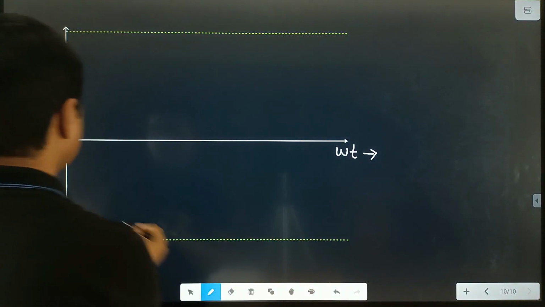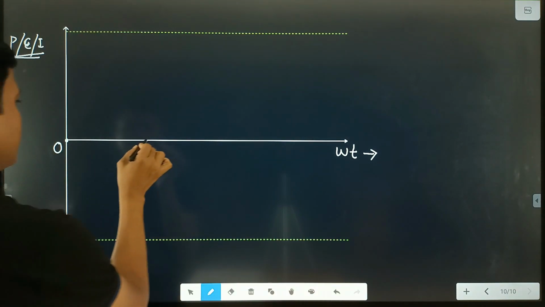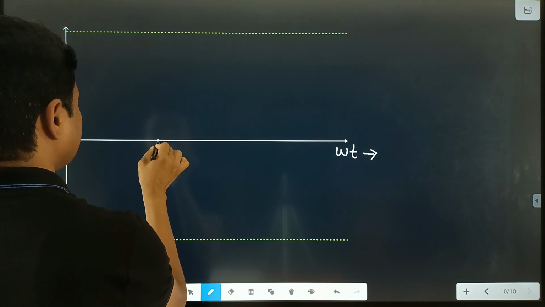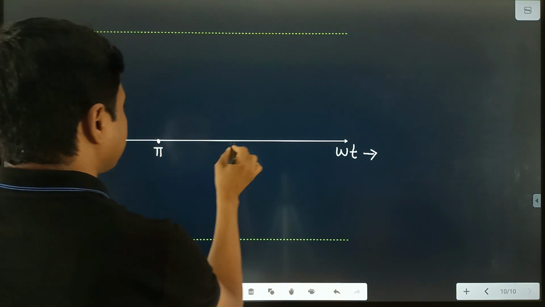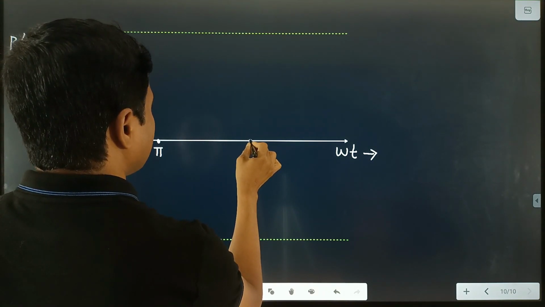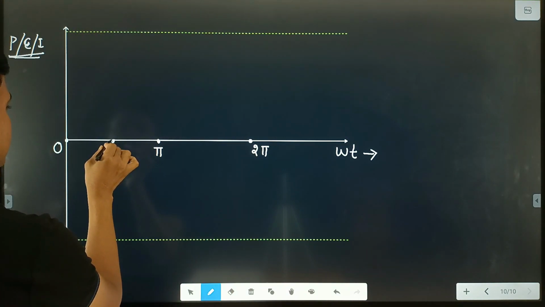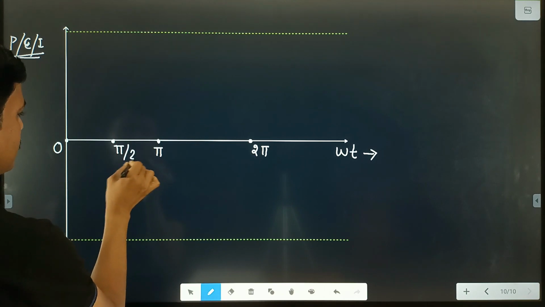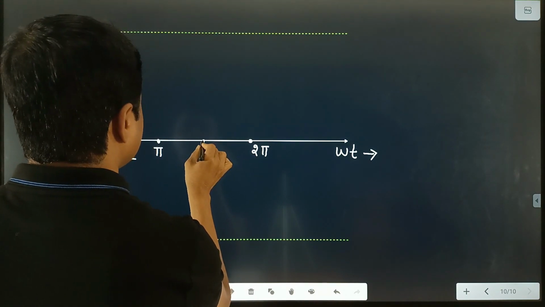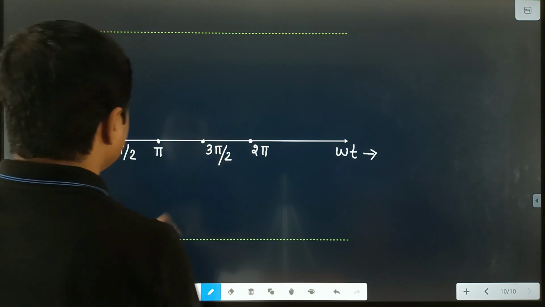Here this point is the starting point, the initial point, origin, we write O. Up to this, suppose this is the half cycle. For half cycle we write pi. Up to this is a full cycle, we write 2 pi. This is the middle point between 0 and pi, we write pi by 2. This is the middle point between pi and 2 pi, we write 3 pi by 2.